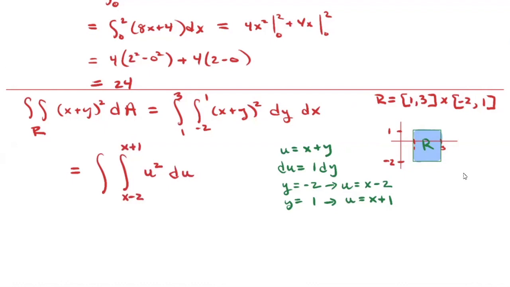So the limits on u are actually functions of the outer variable. The outer variable is x, so I'm going to put a dx here, and the limits on x go from 1 to 3. Inner limits can be functions of the outer variable. I'm going to make that a note.